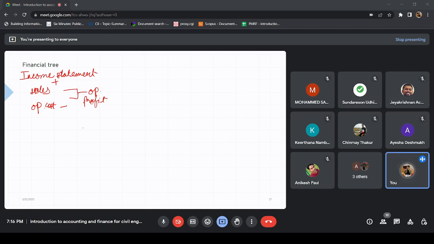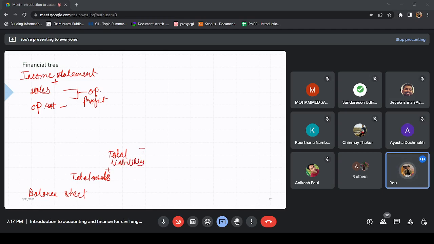What about your balance sheet? Your balance sheet has total assets, right? And total liabilities. This was on the plus side and this was on the minus side.